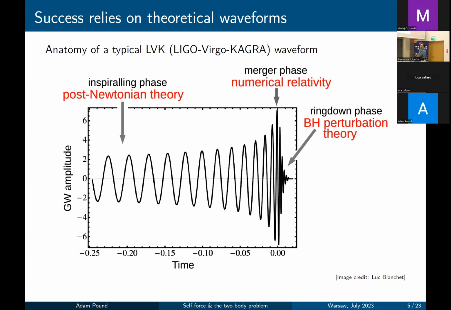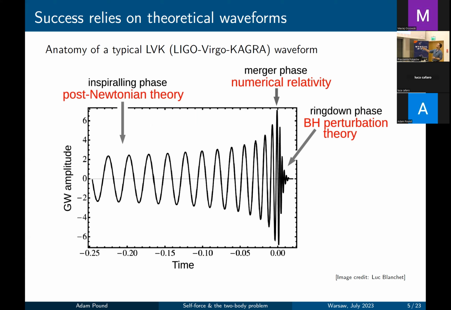Now, I said that we need theory in order to do any of this science. For this kind of signal, there's a very clear breakup into different kinds of models. So in the early inspiral, when the two bodies are far apart, we can use post-Newtonian theory, a weak field approximation to full GR.